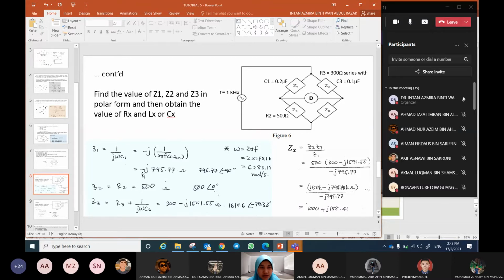And we get minus J795.77. Please leave your answer to 3 decimal points.